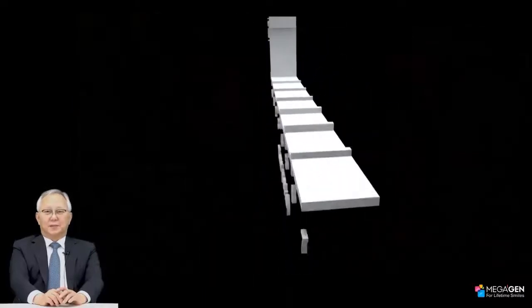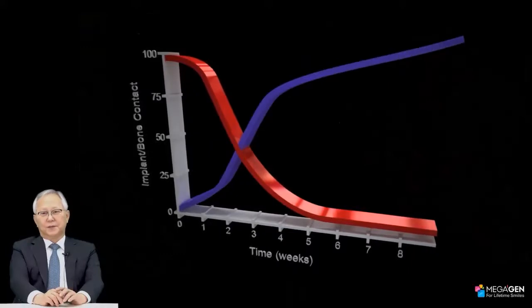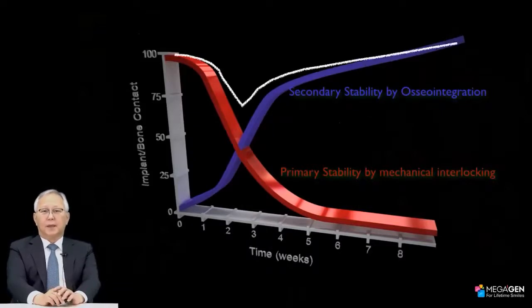And another characteristic is here. Because of the transition period from primary stability to secondary stability, we have a drop down of initial stability at the third week and the fourth week, right?